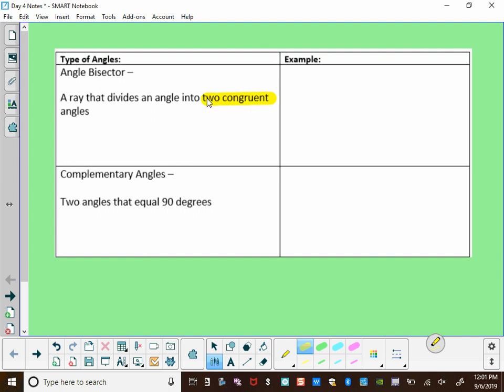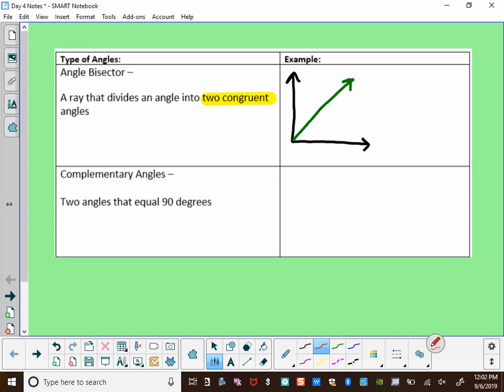Okay? This is what was on your homework that you really didn't know. Let's draw an example. We're going to make an angle, a large angle. And then we are going to draw a line right down the middle of that. That is my angle bisector.